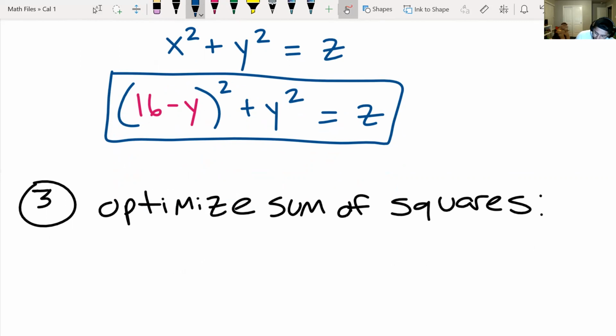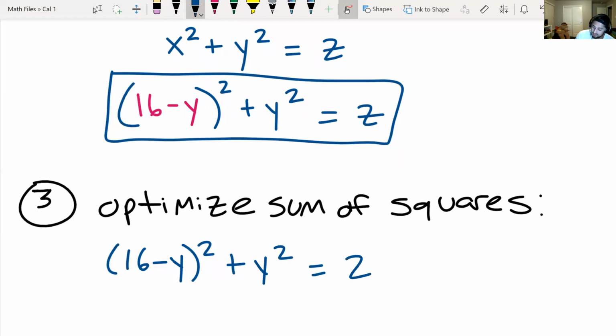Let me rewrite it. 16 minus y squared plus y squared equal to z.